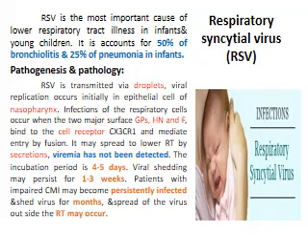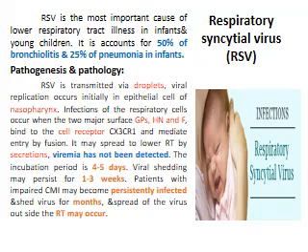Pathogenesis and pathology. Respiratory syncytial virus is transmitted via droplets, and the droplets are formed during sneezing and coughing of infected or diseased children, and can be transmitted by air to surrounding healthy children.